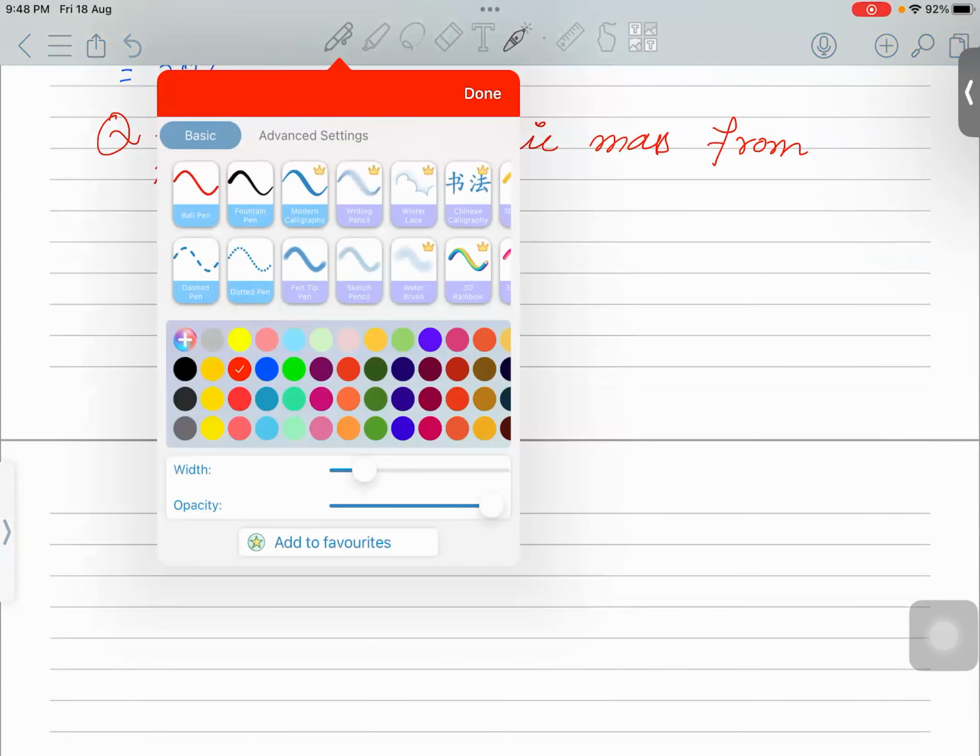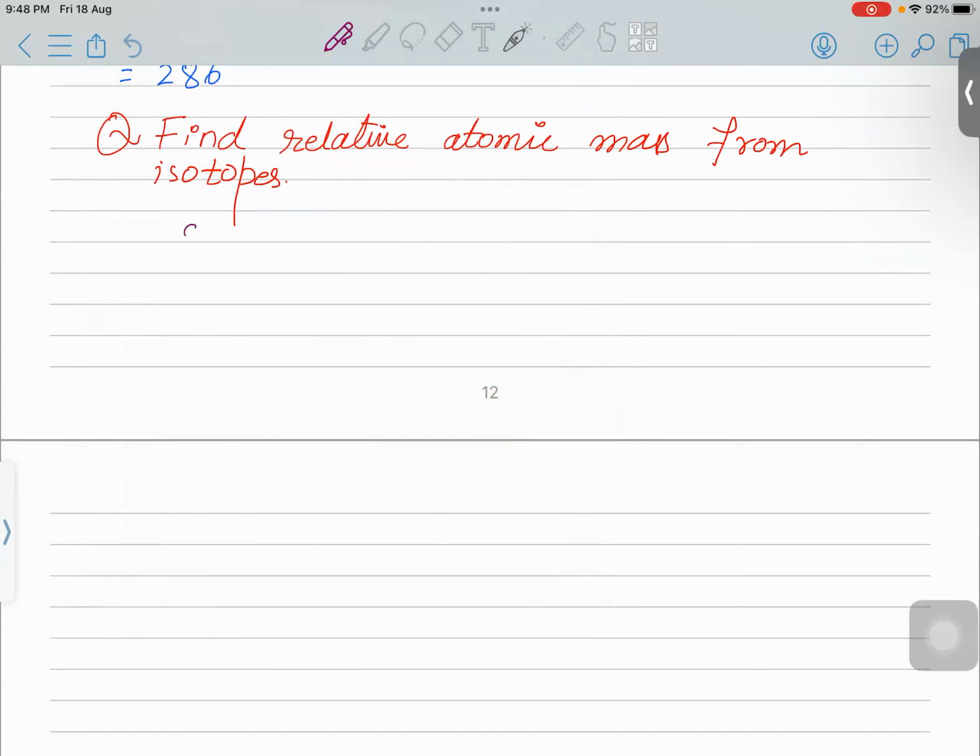Now part A. Can anyone tell me how many isotopes there are for chlorine? Sir, 2? Yes, 2. One is 35 and the second one is 37. So chlorine has 2 isotopes, chlorine 35 and chlorine 37.